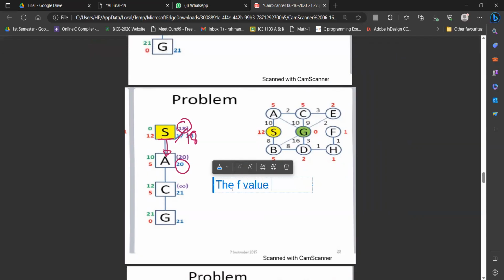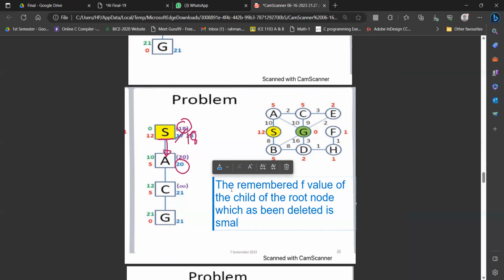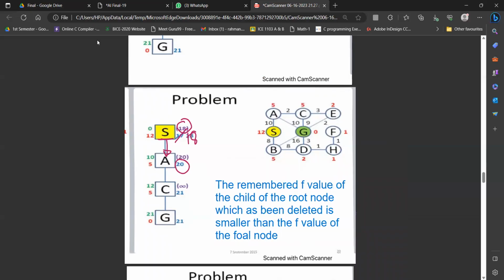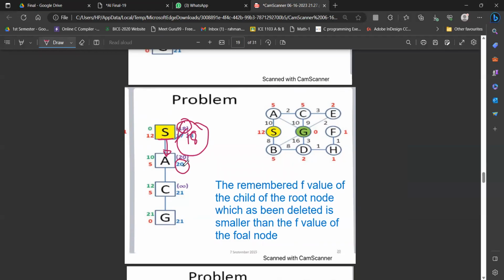The F value of the root node, the remembered F value of the child of the root node, which has been deleted, is smaller than the F value of the goal node. I want you to be very careful here. Pay attention. 18 is smaller than 21.